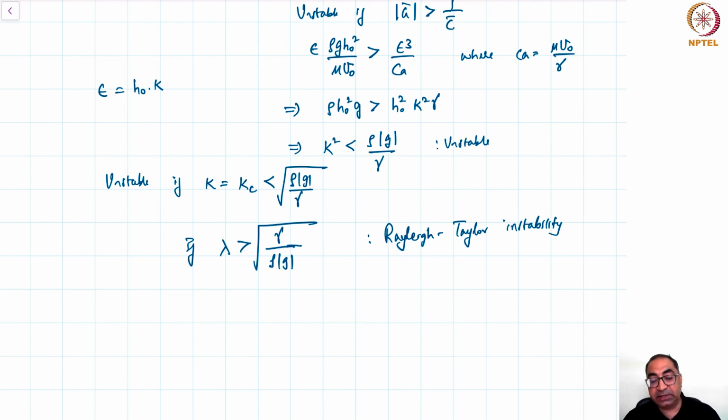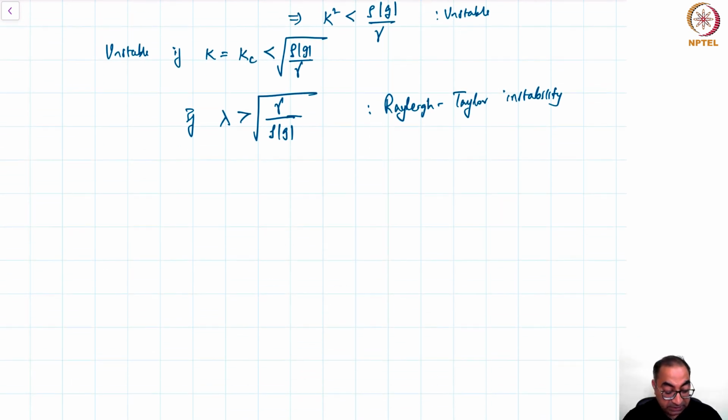There is a finite container which can limit the range of wavelengths that are possible, because you cannot have a wavelength larger than the size of the container. In such cases, we can come up with a stability criterion in terms of the size of the container. So we will do this in a short lecture after this. With this, I'll stop the discussion on this.